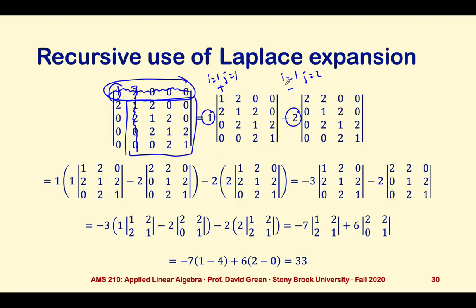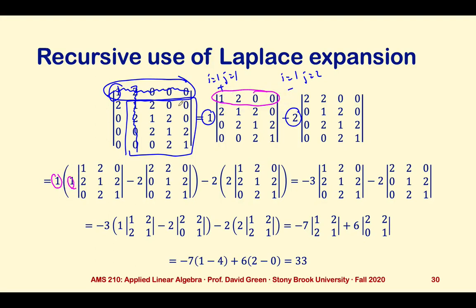Let's start with this first piece. So we have our coefficient 1 that we'll leave here. And now we want to express this with a similar expansion. Row 1 again has only 2 nonzero entries, so we can do this again.